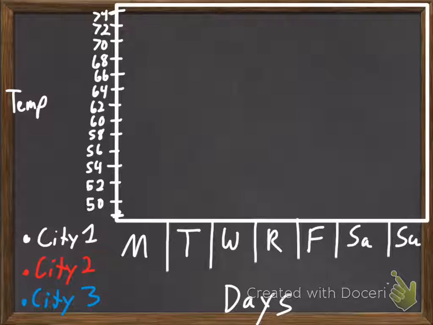So city 1, on Monday it was 70 degrees. Tuesday it was 72. And we're going to plot these as points, and then we're going to connect them with lines after we've plotted all our points. Wednesday is 68.